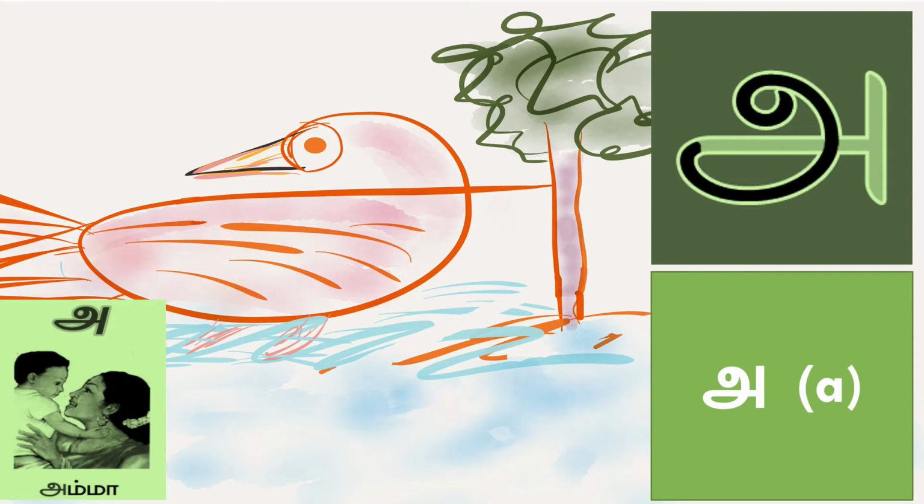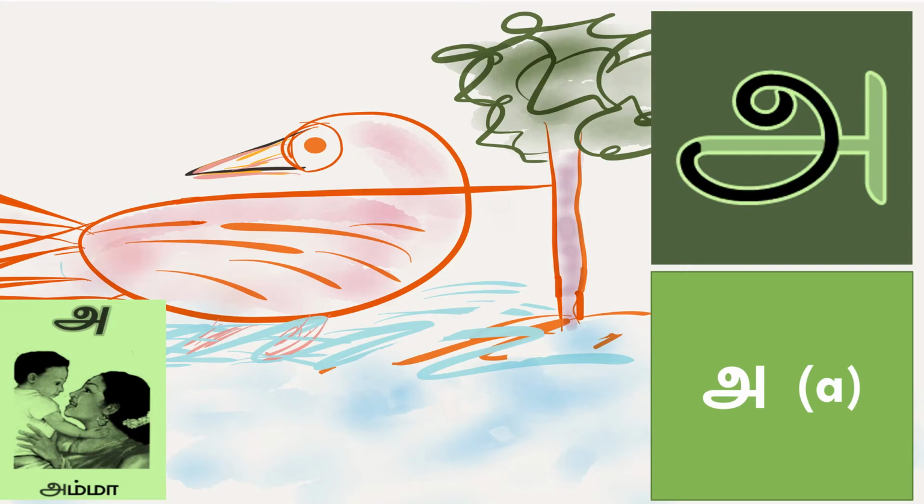The right hand bottom is basically telling you how it's pronounced, the shorter a. So a, it's like a, a.